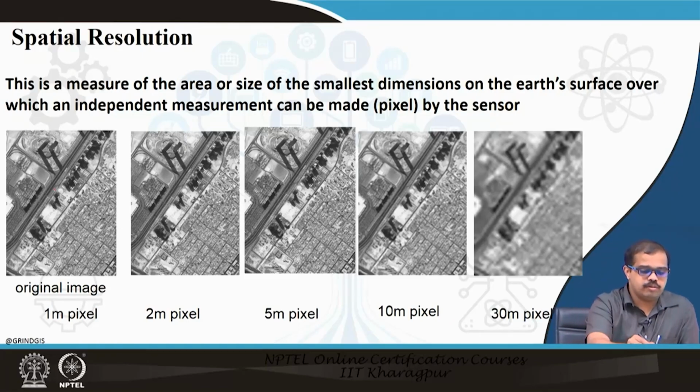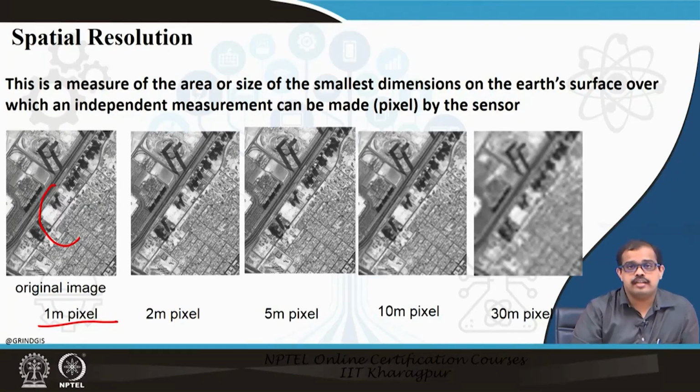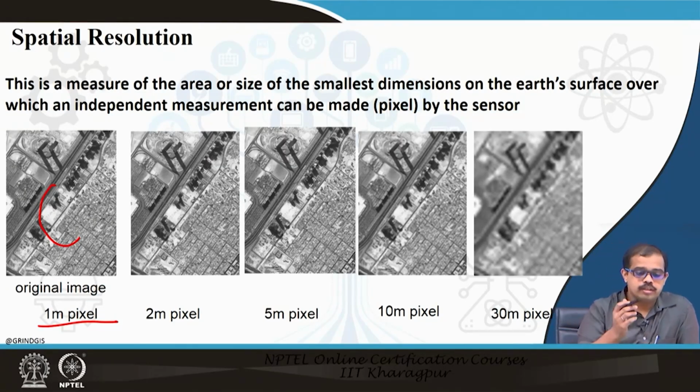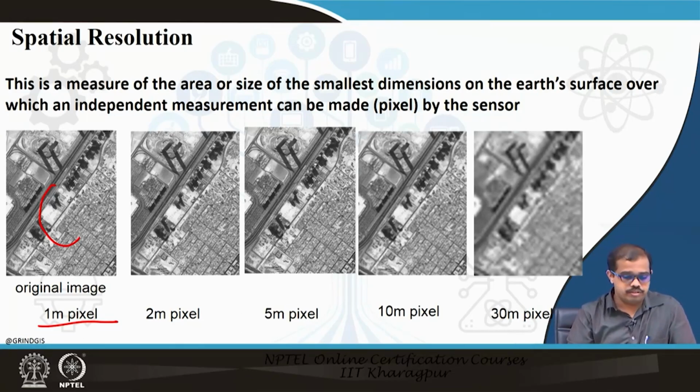Just to give you an example of the differences, the first is the original image, which is 1 meter resolution. You can see very fine details of a set of buildings, and this is called a very high resolution image. You also have sub-meter now, with images at 25 centimeter, 60 centimeter, 90 centimeter, etc. Indian satellites have very good capability of capturing even at sub-meter levels, and you can contact the National Remote Sensing Centre for any of these data products.